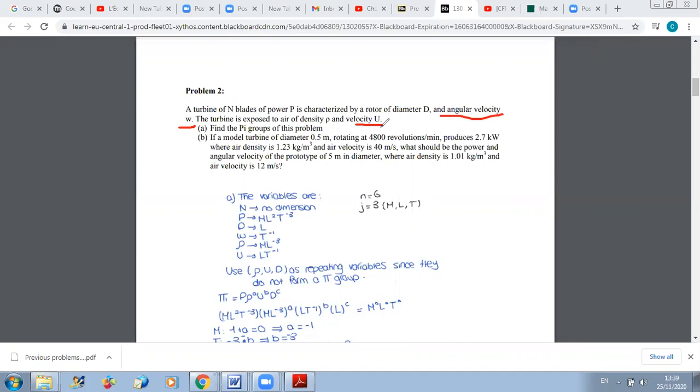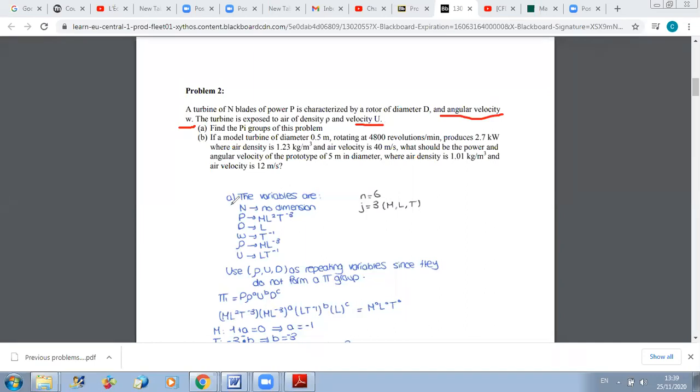In the other problems, they didn't give us the variables. This is why we did a small analysis to determine what variables were involved. And as I told you, even if you include U and W, it's not wrong. You will obtain an additional group. But the idea is that if they are directly related, there is no need to put the two at the same time. That's it, but it's not wrong if we put it. So now, these are my variables.